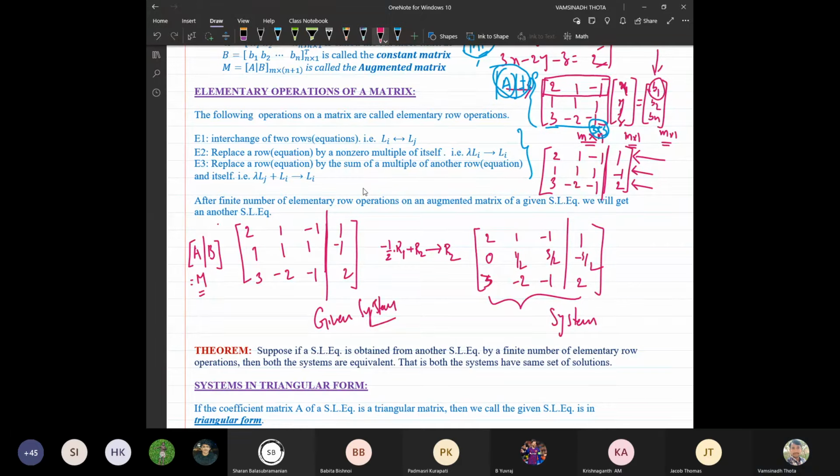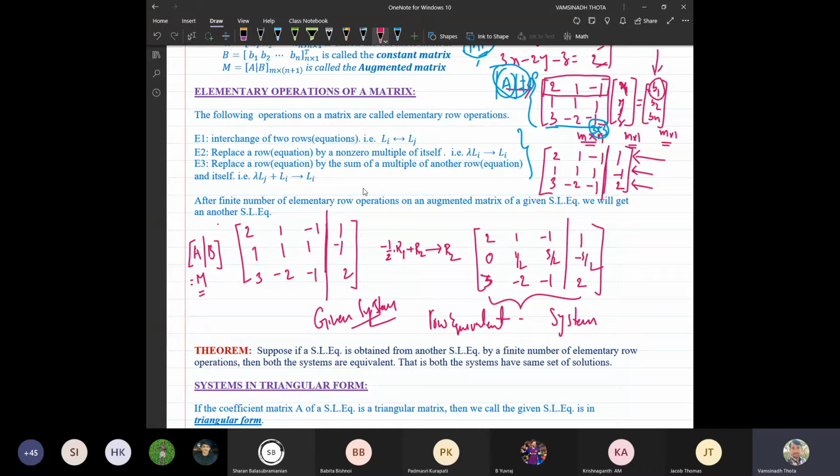After applying elementary row operations, if you write the respective system using the augmented matrix, then you will not get the same set of equations we started with. So this is another system. But what kind of system is it actually? It is actually the equivalent system, a row equivalent system.